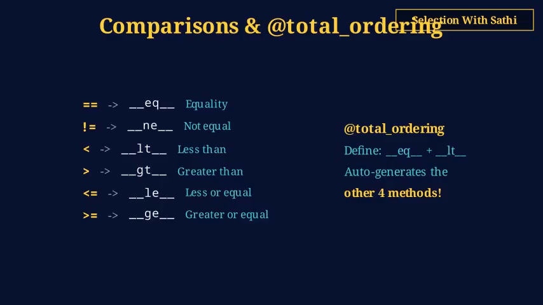Writing all 6 is tedious, so use @functools.total_ordering. Define just __eq__ and one of __lt__ or __gt__, and the decorator generates the rest.